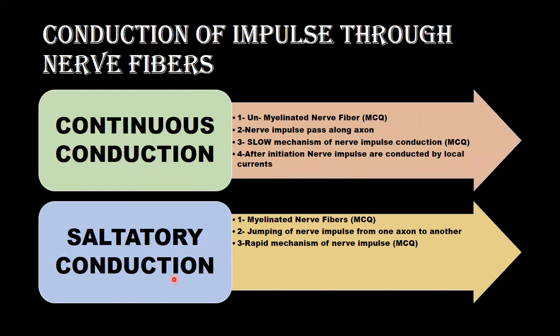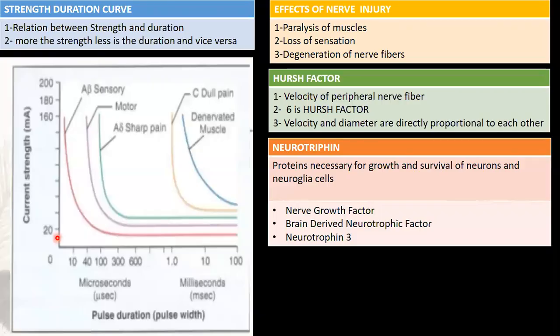Coming to the saltatory conduction, it is in myelinated nerve fibers, MCQ again, with jumping of nerve impulse, another MCQ, and it is a rapid mechanism as compared to the continuous conduction. Now moving forward, there are a few things which we need to just remember, these terms, and nothing more to study about in this slide.